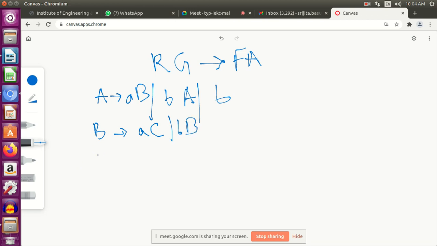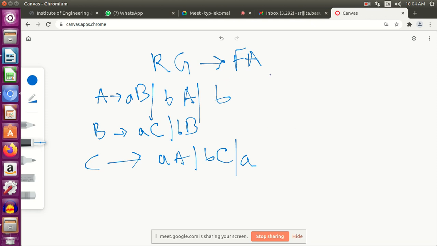And then one non-terminal C goes to aA, bC and a. Okay. So this is quite easy and straightforward.